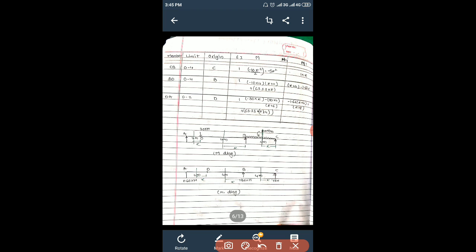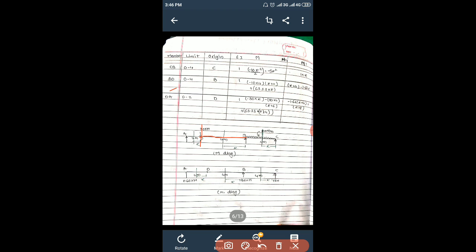Then the next span is BD, this B to D. Wherever the span has a variation in terms of loading, like point loads, inclined loads or uniformly varying loads, or in terms of EI, we have to cut there and consider that part separately. EI can be variable, but in this numerical we have constant EI.